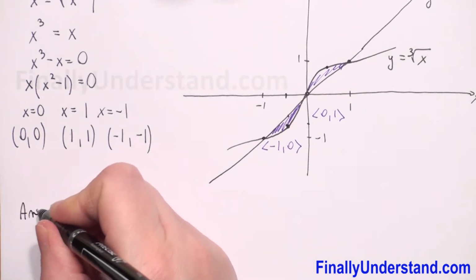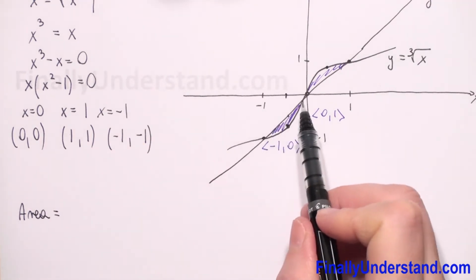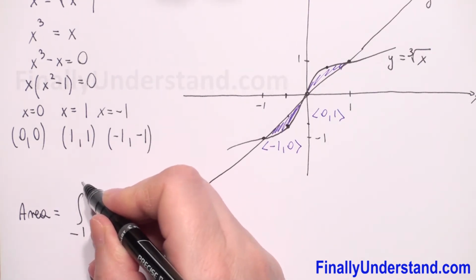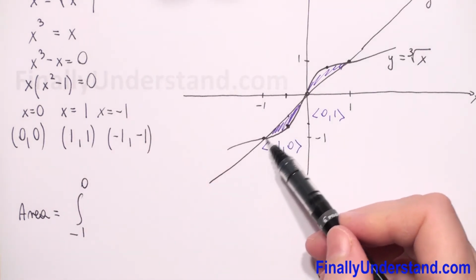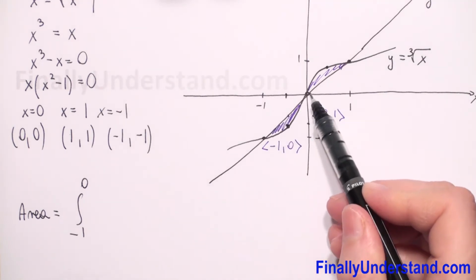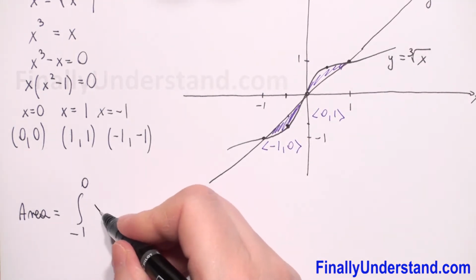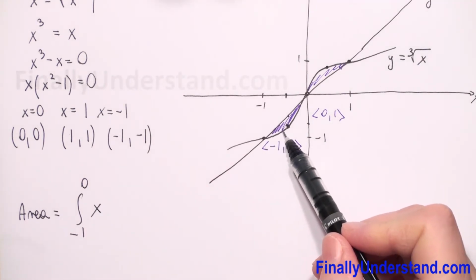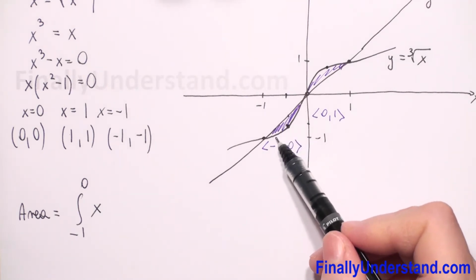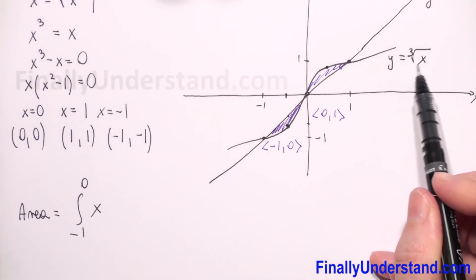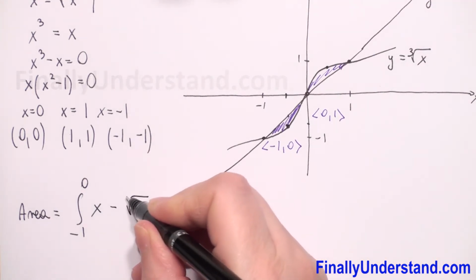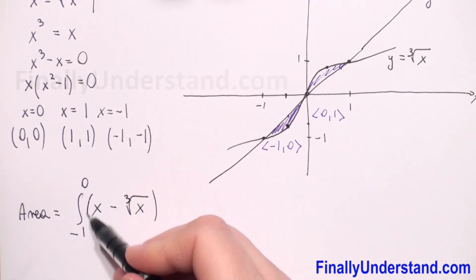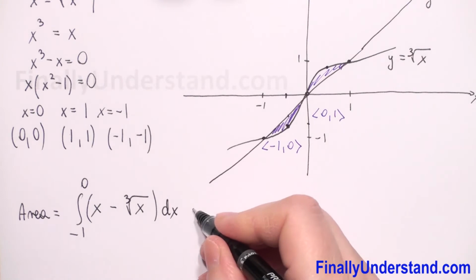Our area will be, first, the definite integral from negative 1 to 0, and in the first interval our upper function is y equals x. So from y equals x we subtract our lower function, the cube root of x, with respect to x, of course.